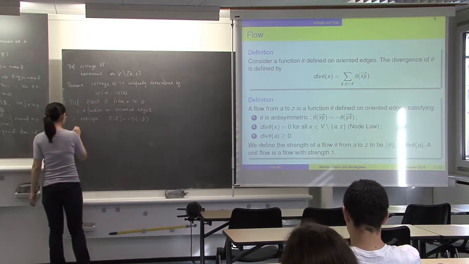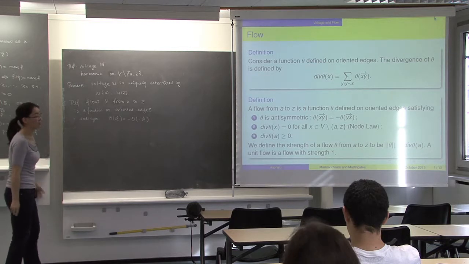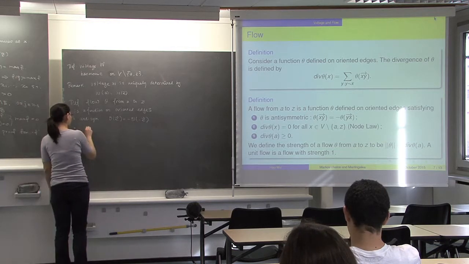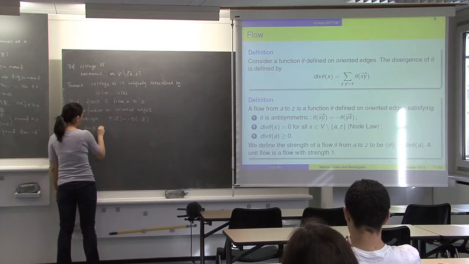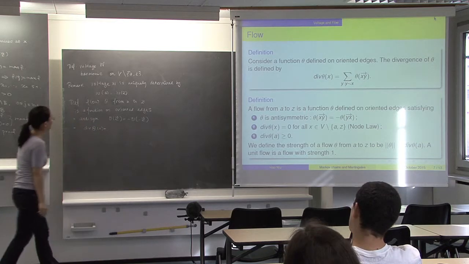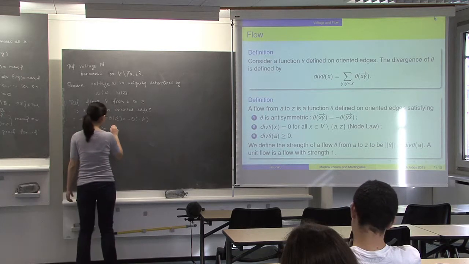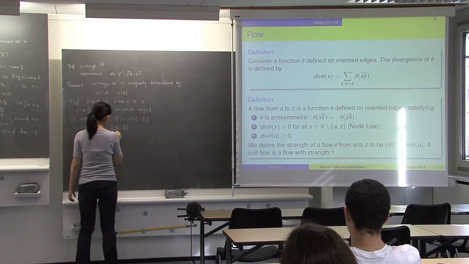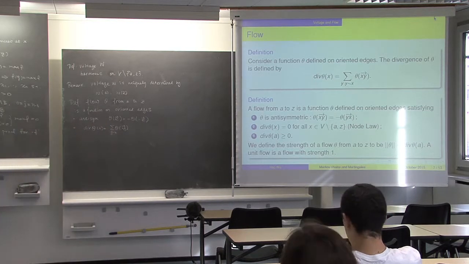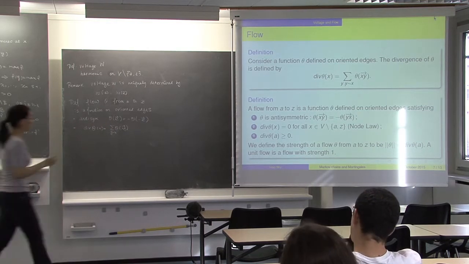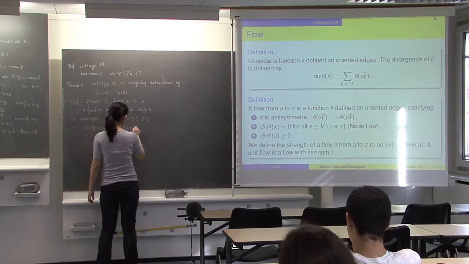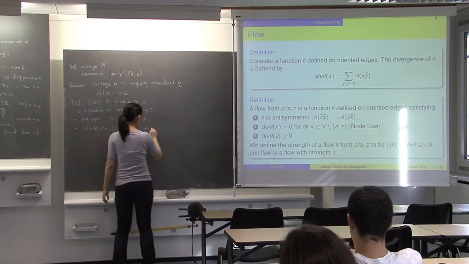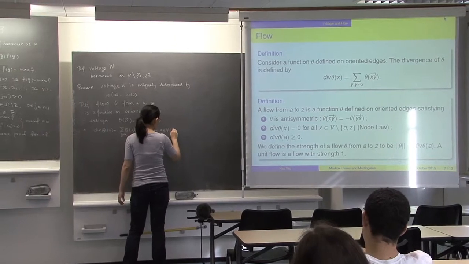And second, the divergence at every vertex equals 0. So the divergence of a flow at a vertex is defined in this way. So this is the divergence of a flow at a vertex, and it is 0 everywhere except the source and the sink.